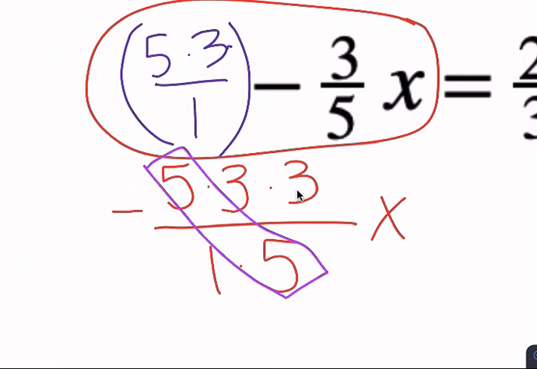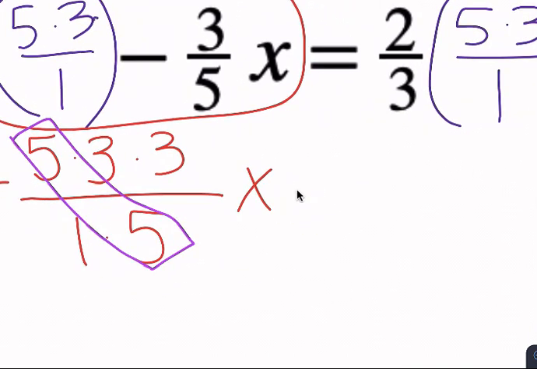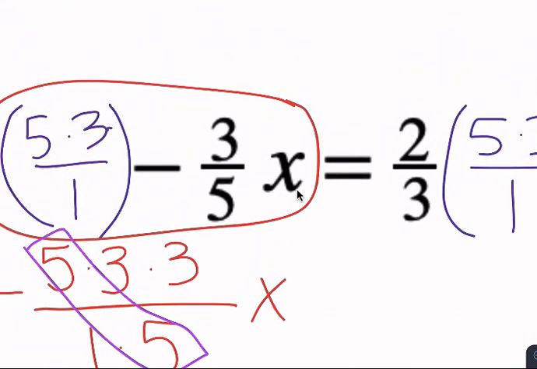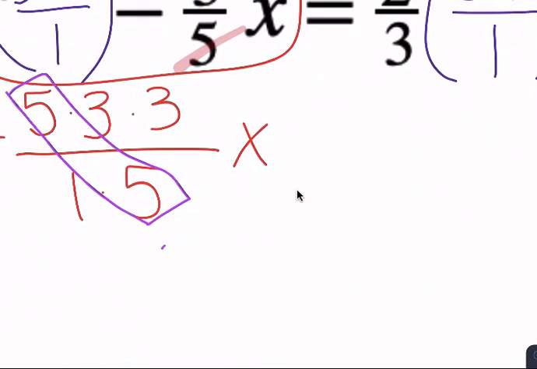So I don't need those 5s anymore. Those are gone because multiplying by 5 and dividing by 5 undo each other. So they really make 1. So what I'm left with is 3 times 3. So when I do this, I just like to cross those off. I'm left with negative 3 times 3x, which would be negative 9x.